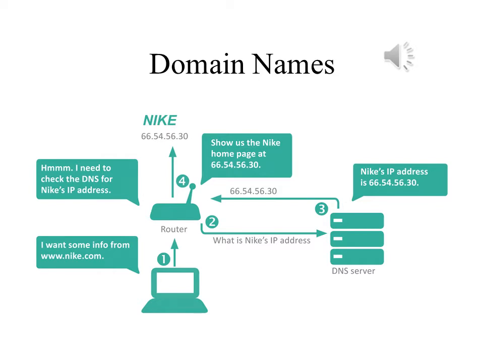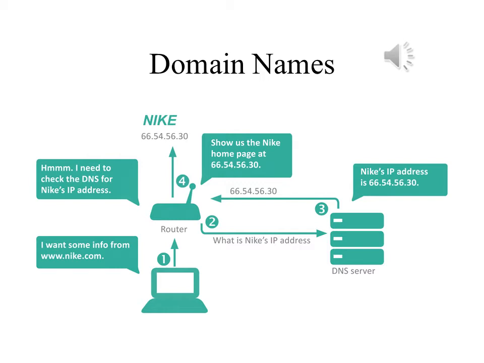The www is added at the beginning to indicate that this is their web server, providing web pages over the Internet. When someone wants to browse Nike's homepage, the request goes through the user's router.